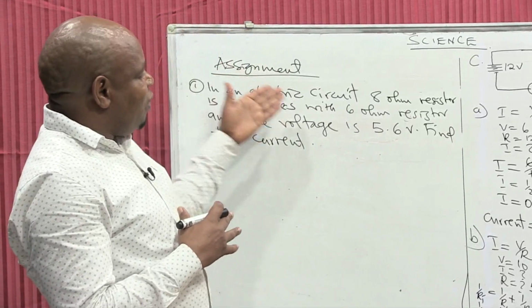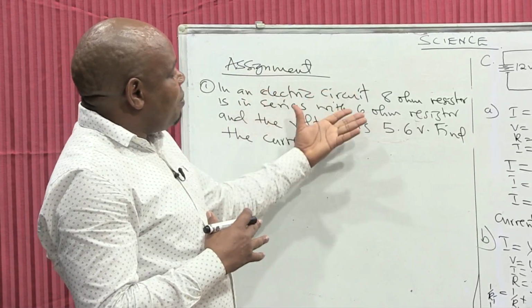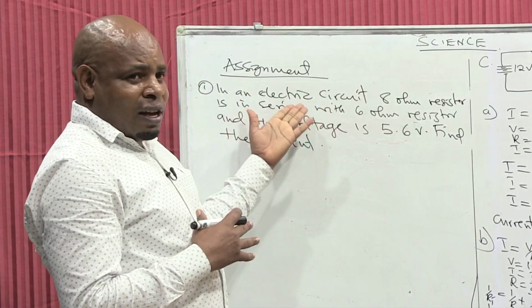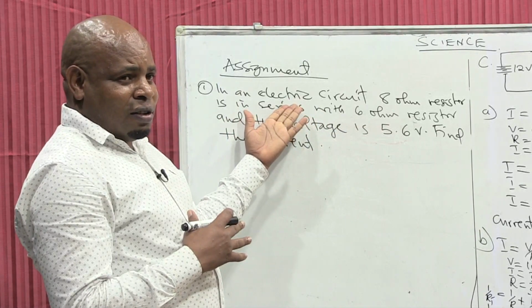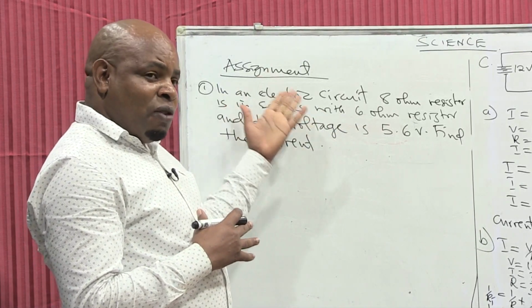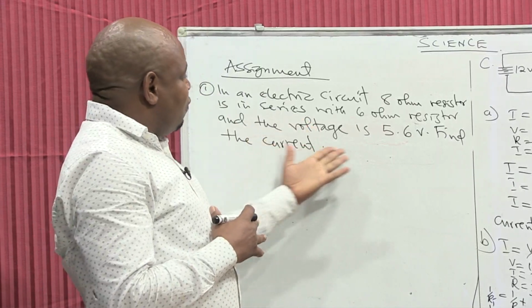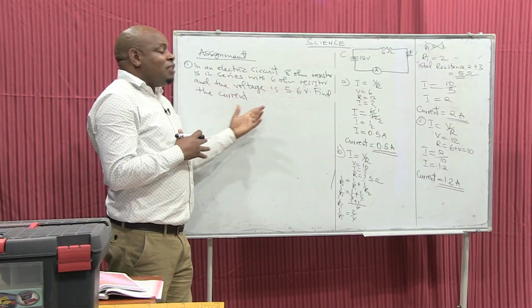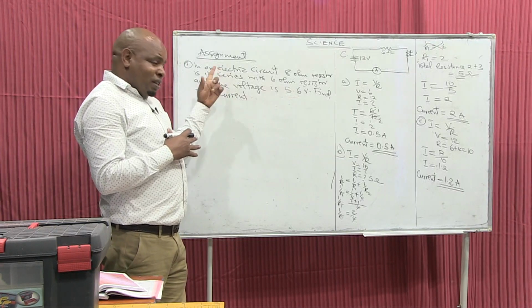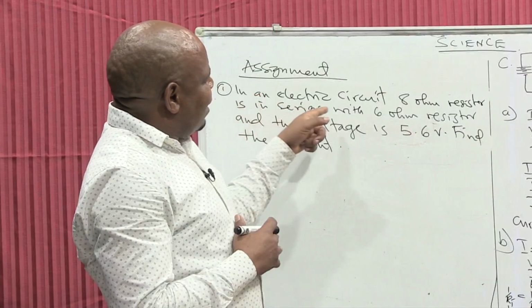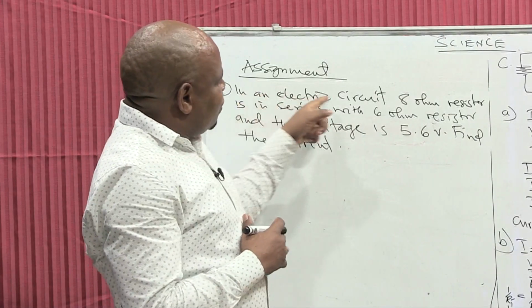But if you want to do it very well, please try to come up with a figure of what is in this question. The question is a word problem. So start solving it by drawing the figure of what is here. Remember, it is in an electric circuit.